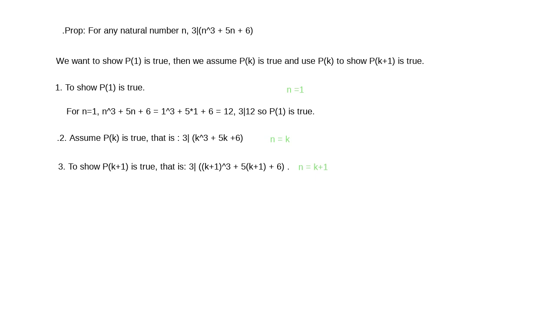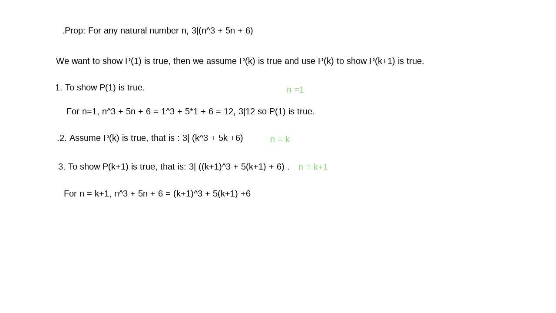So n cubed plus 5n plus 6 becomes (k plus 1) cubed plus 5 times (k plus 1) plus 6, right? For n equals k plus 1, we just substitute n with k plus 1. Now just do the calculation. So that equals, for (k plus 1) cubed, let's use binomial theorem.